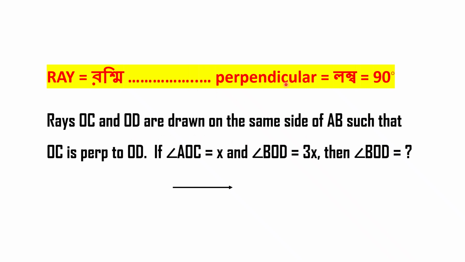AB যদি থাকে তাহলে দুটোই হয়তো উপরের দিকে বা দুটোই নিচের দিকে। You have to draw on the same side such that OC is perpendicular to OD. পারপেন্ডিকুলার মানে লম্ব মানে 90 ডিগ্রি, রাইট? অ্যাঙ্গেল AOC হচ্ছে x, অ্যাঙ্গেল BOD 3x, so angle BOD equal to how much?